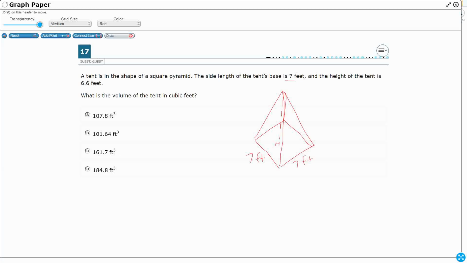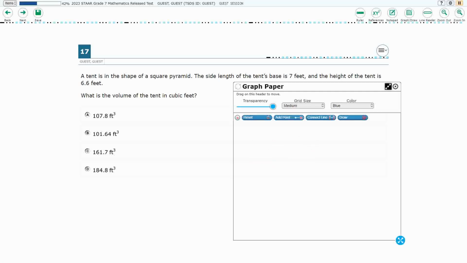It's actually just an invisible line that doesn't really exist within that pyramid, but we need that to find the height, 6.6 feet. What we don't need are any of these, what we call slant heights, like this line right here, because it's slanted. We want this imaginary line that is going to be 90 degrees perpendicular to the base and reaching up to the vertex. So we've got our visual representation.